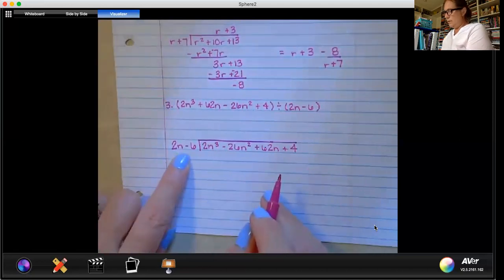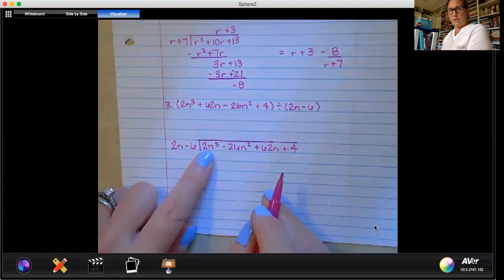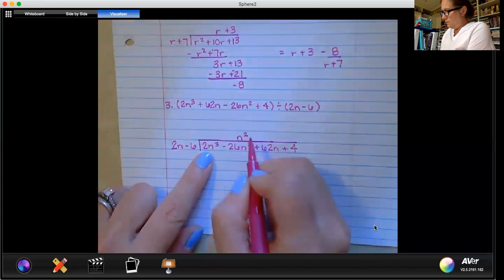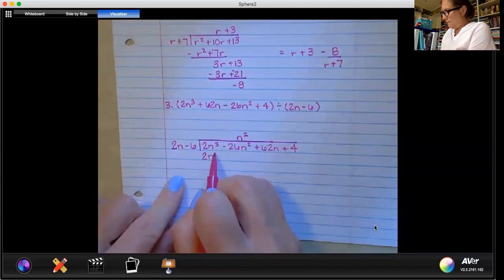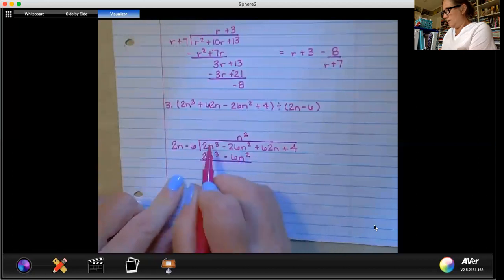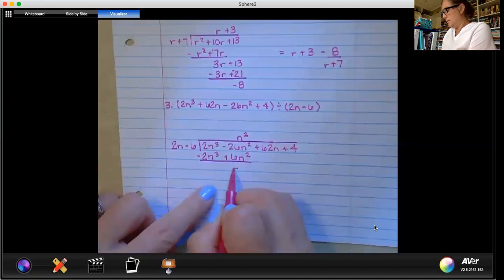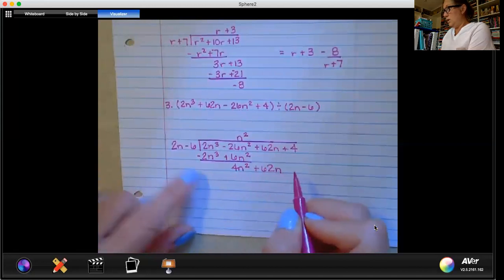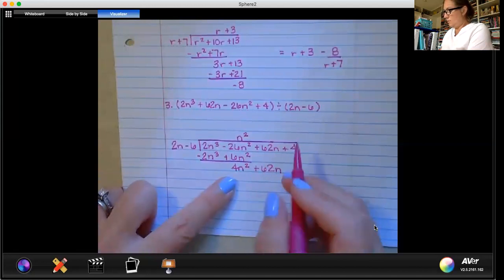So 2n times what is 2n cubed? That would be n squared. Multiply. And when you do that, you should have like terms aligned. Subtract 4n squared. Bring down your 62n. 2n times what is 4n squared?